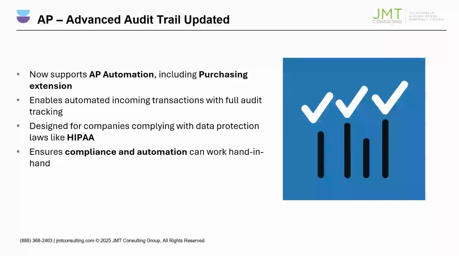In the past, if you had to comply with those regulations, you couldn't take advantage of the AP automation feature. But now you can subscribe to AP automation and it is HIPAA compliant. So this means you don't have to choose between automation and compliance, you get both. Your automated workflows for incoming transactions in accounts payable and purchasing will still fully track and audit access to personal data, ensuring compliance remains intact.